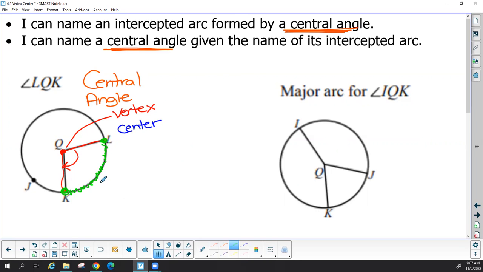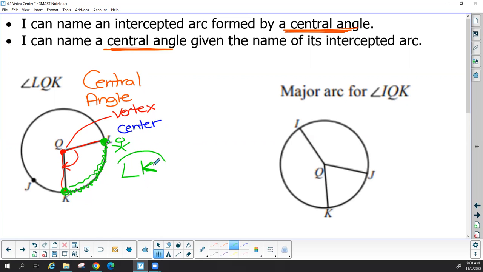And so the first thing we need to know is how to name these arcs. When we name an arc, it's similar to naming an angle. It's telling us where we start and where we end. So if we were to take a journey on this arc, this green arc, we would start at L and we would go to K. And then to let somebody reading this know we're talking about an arc, we put an arc on top.